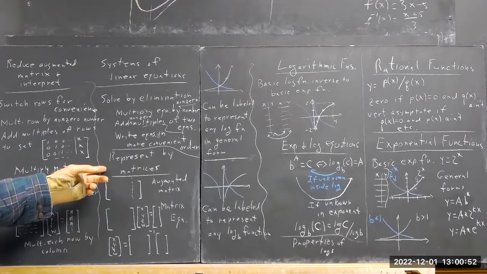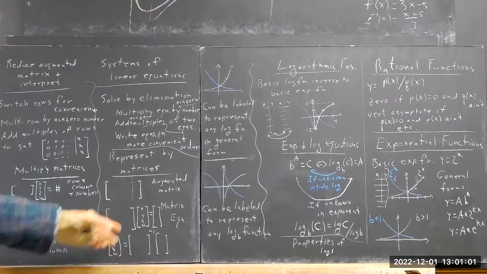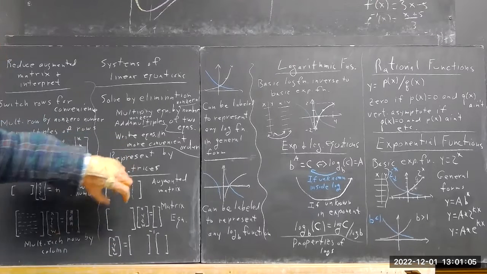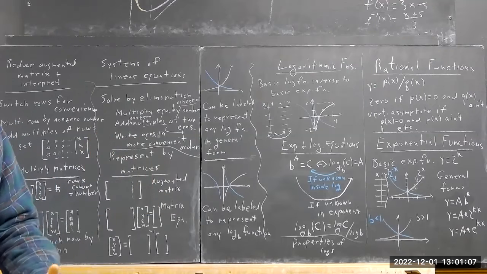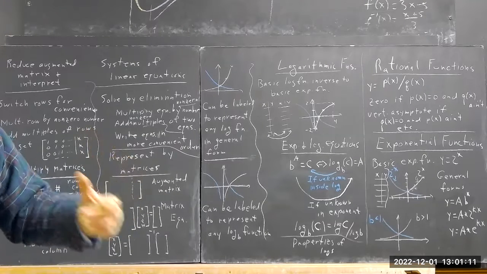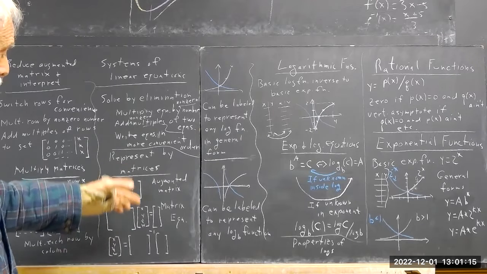How do you represent these things by matrices? Well, an augmented matrix has a dotted line to indicate that to the left of the dotted line, you have the coefficients of X, Y, and Z, or whatever it is, and to the right, you have the numbers to the right of the equal sign. So it just tells you where the equal sign is.